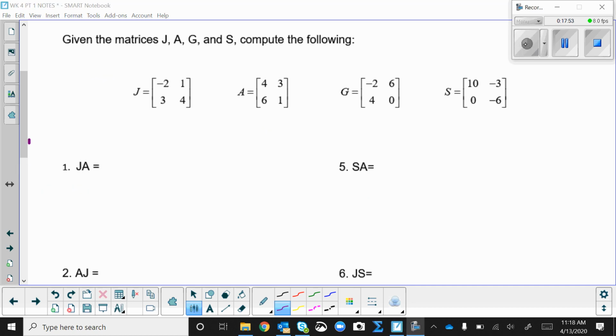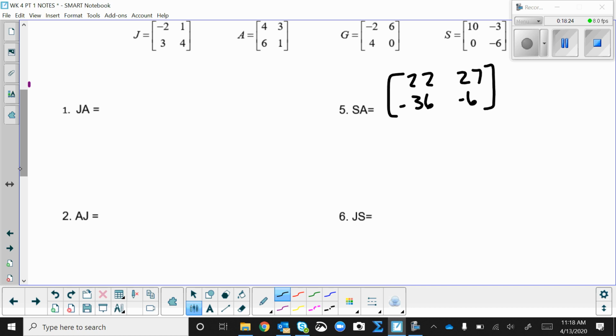All right, so let's talk about what you should have gotten when you did S times A. You should have had 22, 27, -36, and -6. Some of you might find that you got 2 of the answers right and 2 of the answers wrong, so you're not sure exactly where you messed up. So let's look at how this goes.